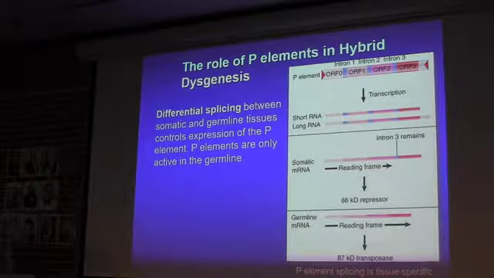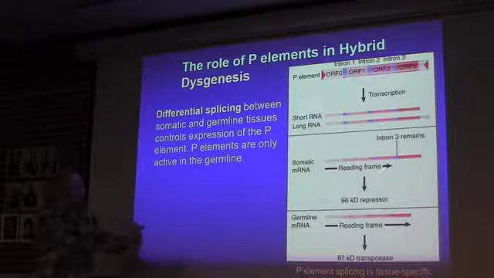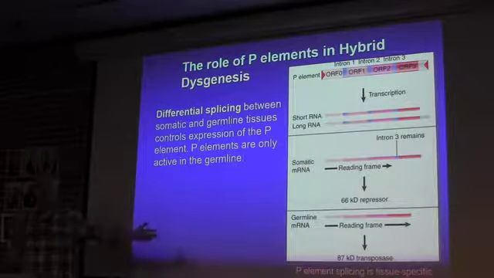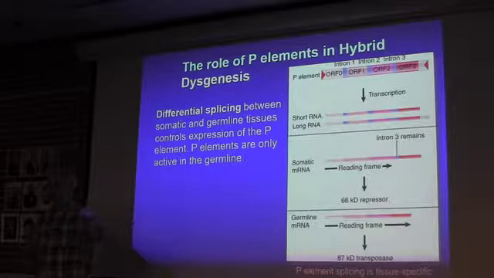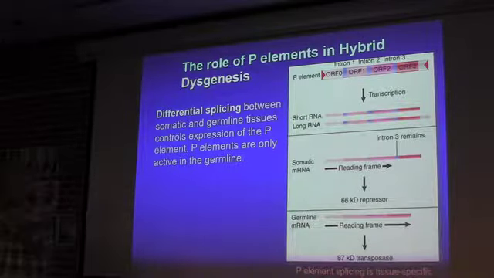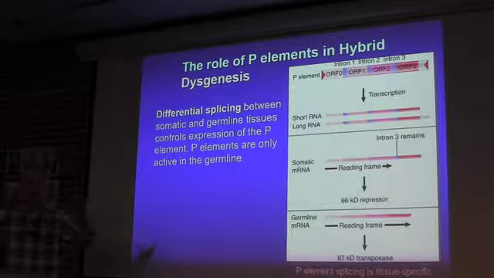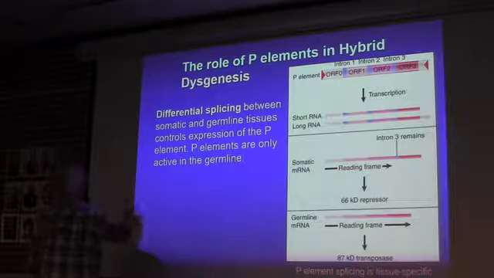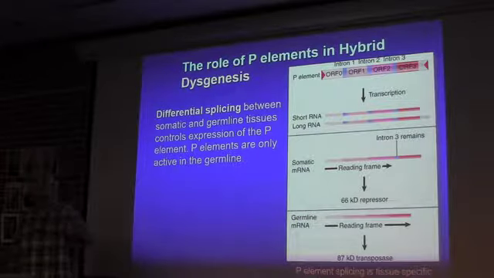So in somatic tissue, you're going to have this intron 3 in the messenger RNA, and so wherever you have that protein, which is every cell except germline, the P element is inactive, can't jump. So that explains why in somatic tissues, no matter whether you're M strain or P strain or whatever, you're not going to see this thing active except in the germline.